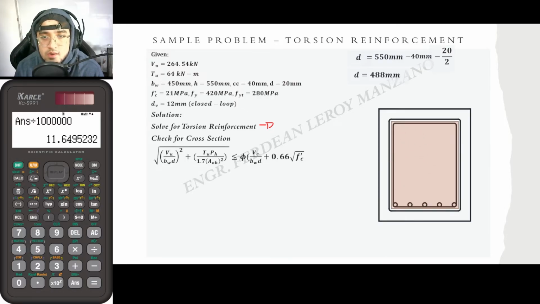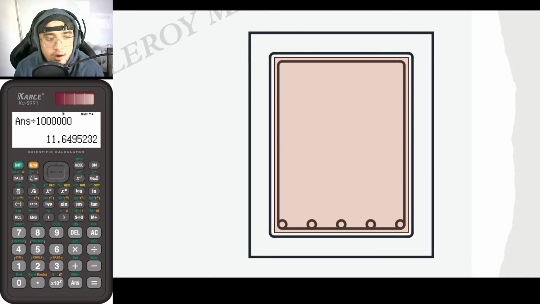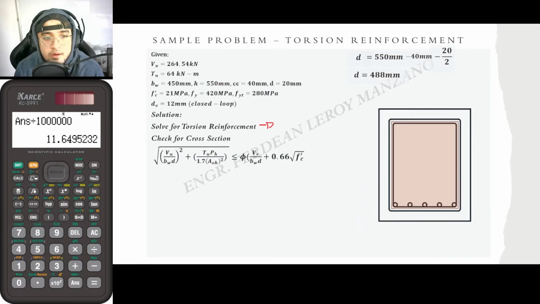So let me just zoom in here. As you can see, only half of the stirrups were occupied. For the entirety of the beam width, or the beam breadth, that is equal to 450 mm. On both sides, we would be having two concrete covers.